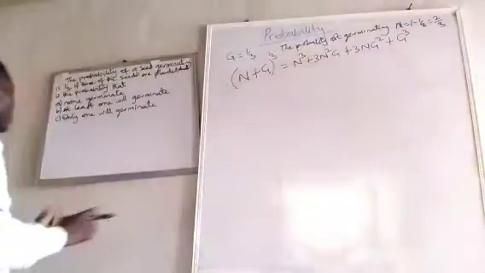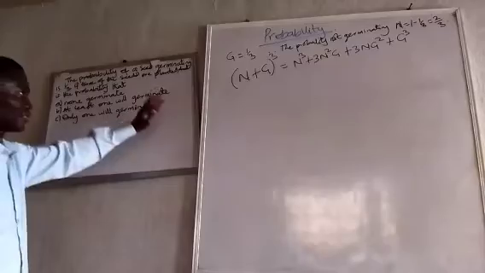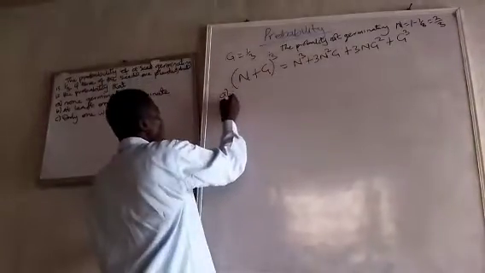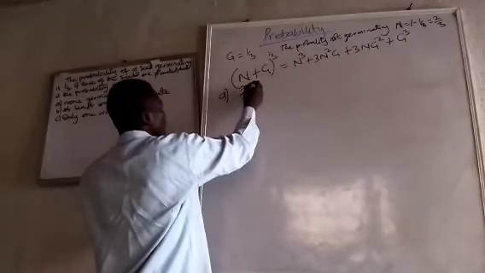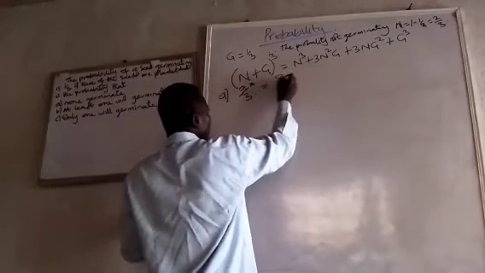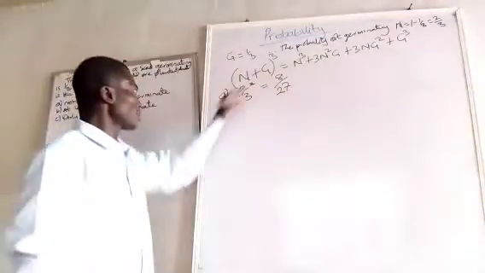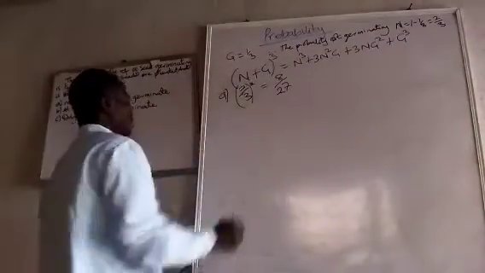Here, you can do this easily. Non-germinates, it's going to be 2 over 3 raised to the power 3. That's going to be 8 over 27.